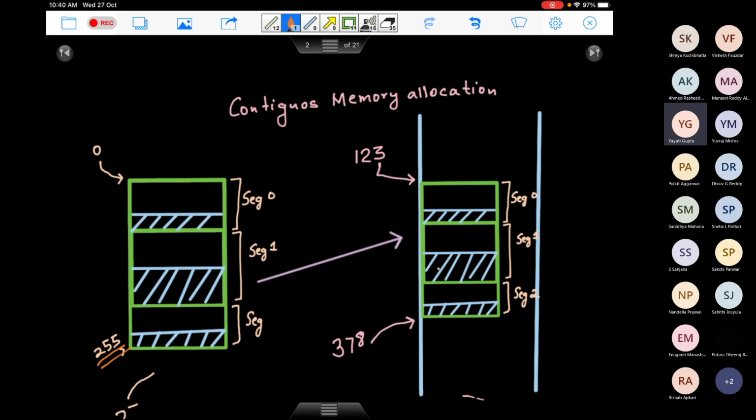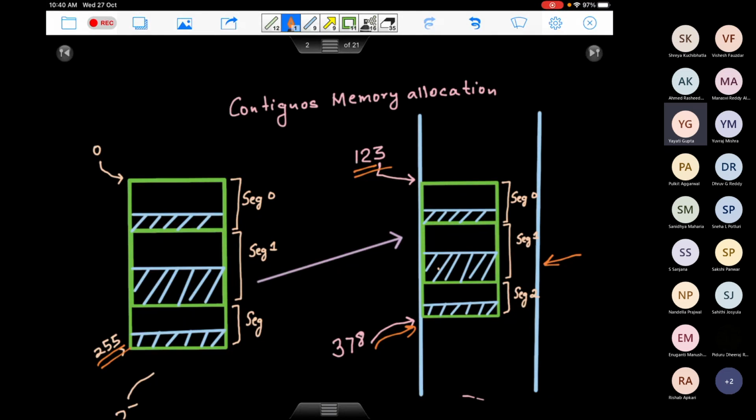For this 256 byte process, you are going to search for a contiguous hole of size 256 in the memory. As soon as you find that contiguous hole, let's say it's starting from the physical address 123, you load this entire process there in main memory contiguously. So you have this entire process sitting here from physical memory address 123 to 378. This is contiguous memory allocation.